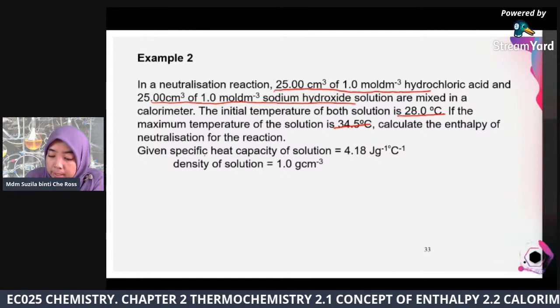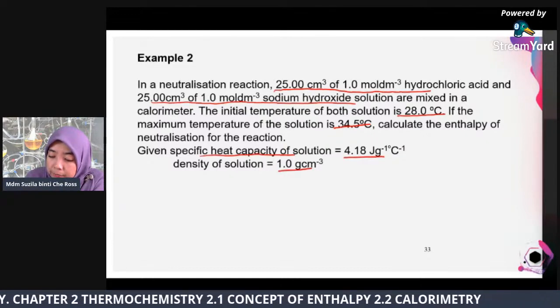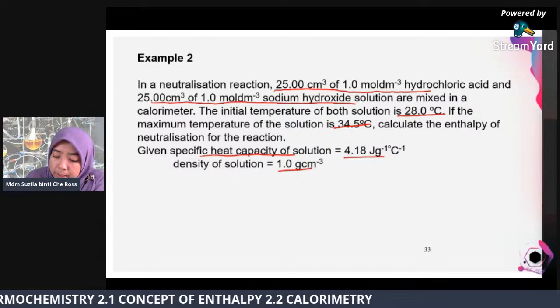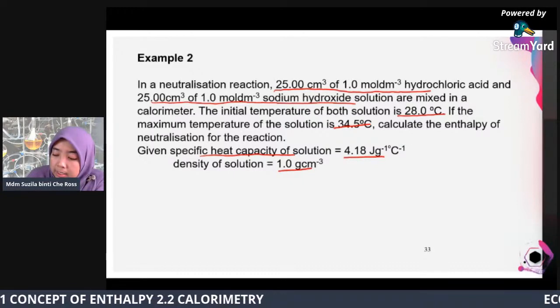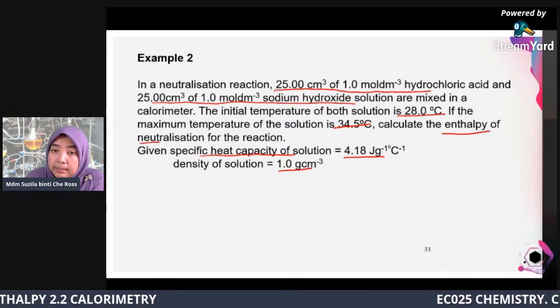Okay, so from here the question asks to find the enthalpy of neutralization, means delta Hn.